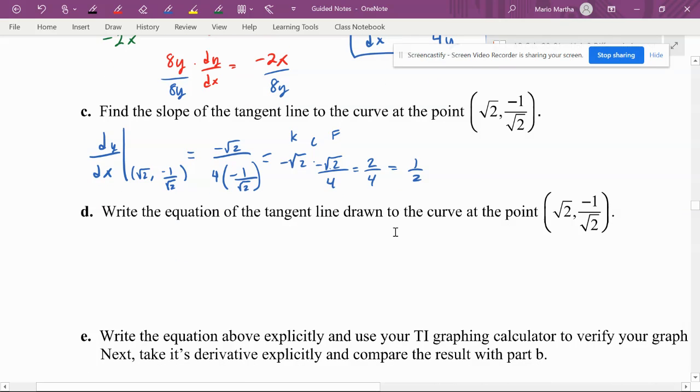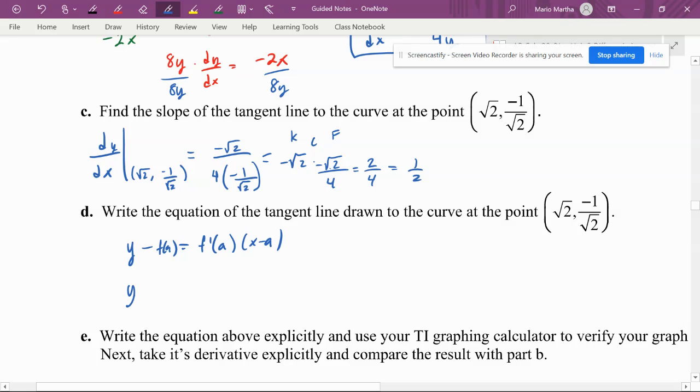And then we want to write the equations of the tangent lines at the points, right? Square root of 2, comma, negative 1 over root 2. So again, using point slope form, y minus y naught equals f prime at a, actually this is f of a, right? Times x minus a.